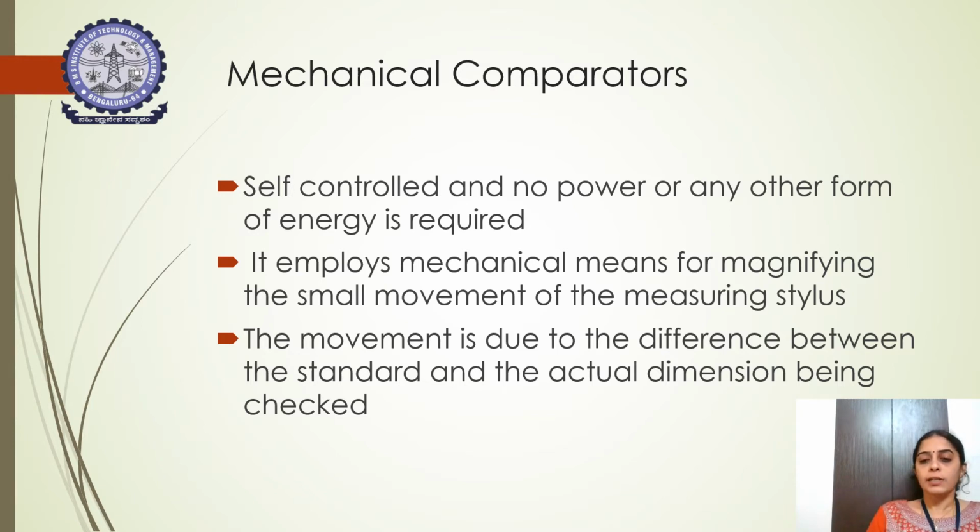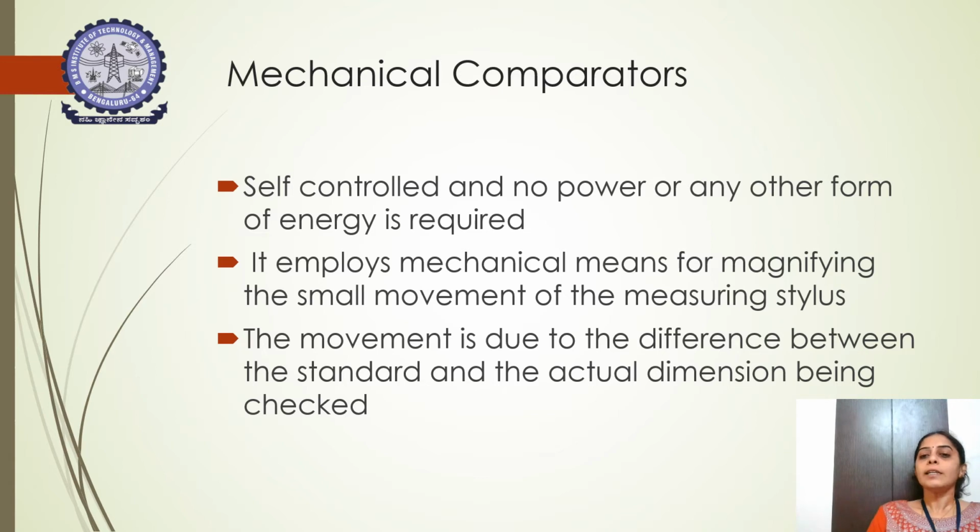This movement occurs due to the variation between the standard and the actual, because first you will keep the standard and measure. There will be no deviation because it is accurate and precise as per that standard. Now when you remove that standard and insert a workpiece, if the workpiece is not of the exact dimension of the standard, obviously there will be a slight movement in the measuring stylus of the dial indicator.